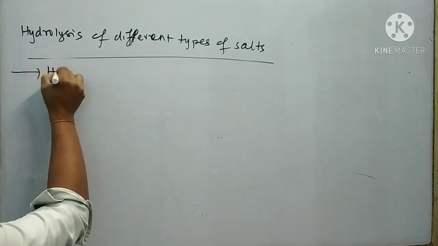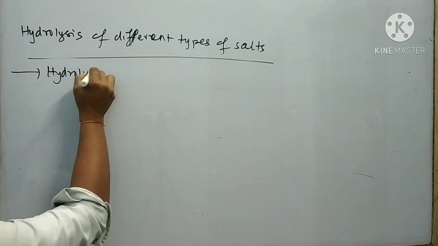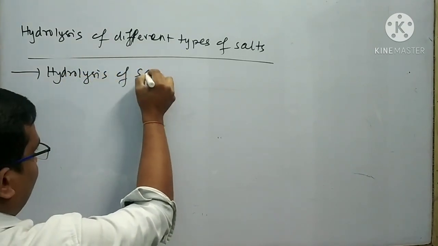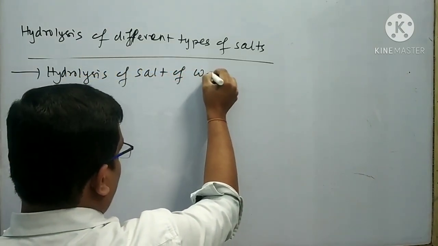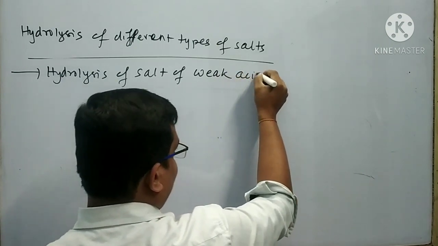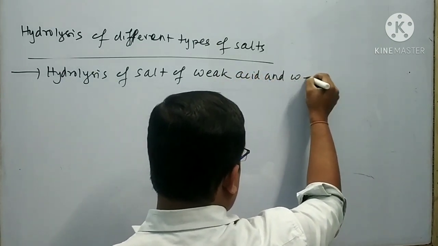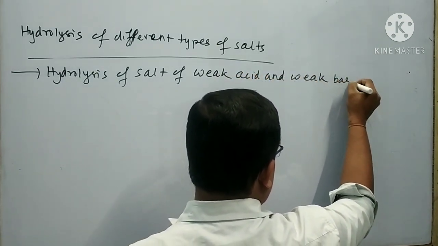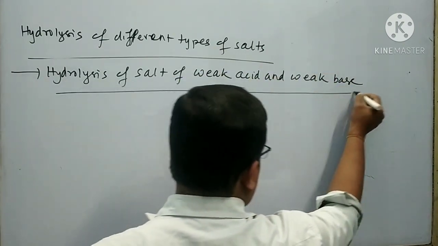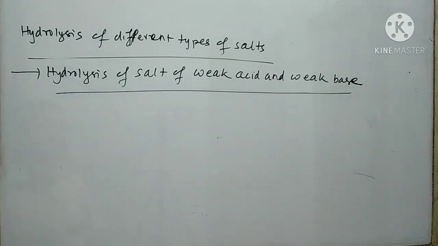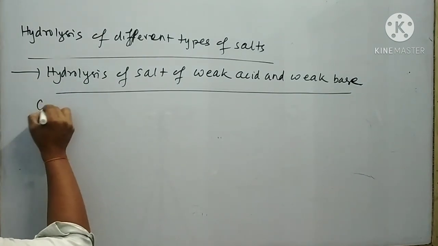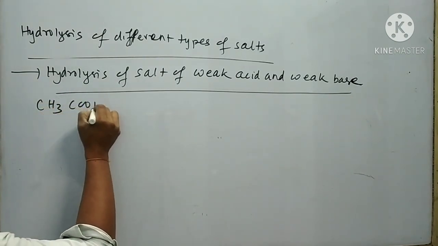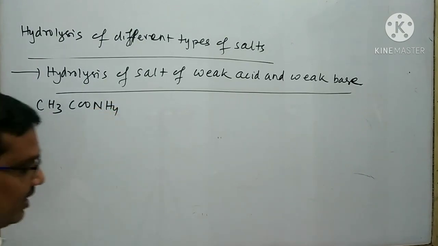Next, I want to explain about the hydrolysis of salt of weak acid and weak base. The examples are your NH4, that is your ammonium acetate.